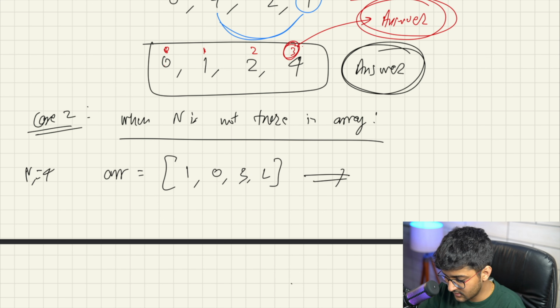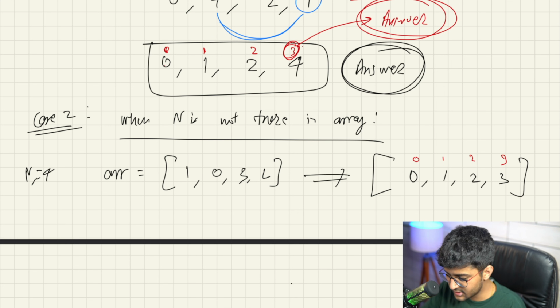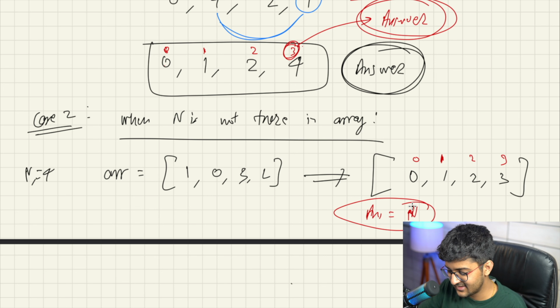After sorting, this will become 0, 1, 2, 3. Then it's going to check, does index 0 have 0? Yes. Is the element at index 1, 1? Yes. At index 2, 2? Yes. At index 3, 3? Yes. Then what is the answer? In this case, the answer is equal to n. Those are the two cases. That's it.